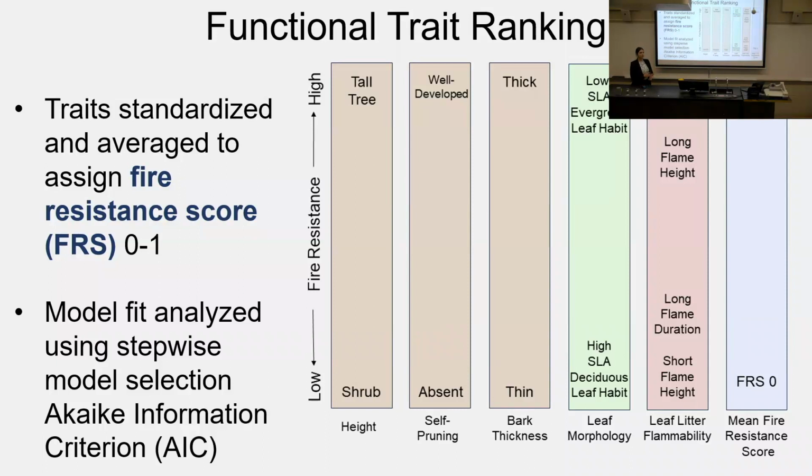Then we used a model fit and analyzed it using a stepwise Akaike information criterion. Through doing this, we were able to determine what traits added well to our overall fire resistance score versus ones that needed to be removed in this process.